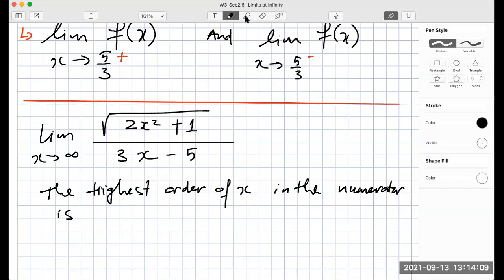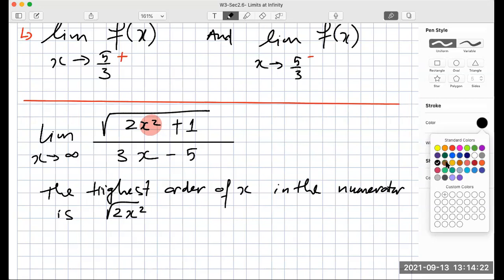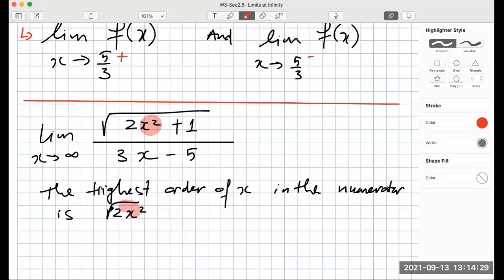The highest degree of this is x squared under the radical sign, right? But then remember, the radical sign is also the order of this guy. Therefore, we should count it. Or it is a number times x squared, right? Can we break it out? What is it?